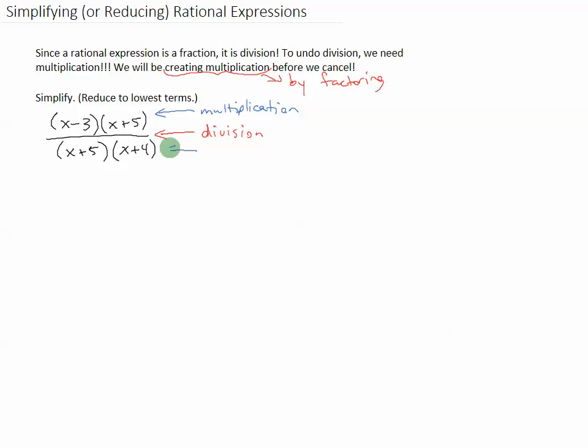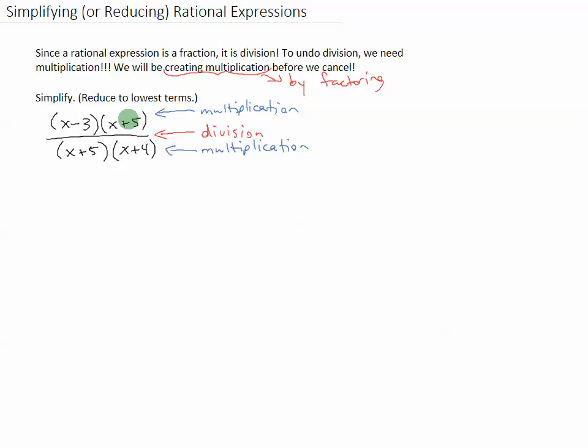And on the bottom, on the surface, you have two things multiplied again, so this is multiplication. You don't dig any deeper, you just look on the surface. Since we have multiplication and division, we know these things will undo each other, and so any common factor on the top will cancel with the same common factor on the bottom.